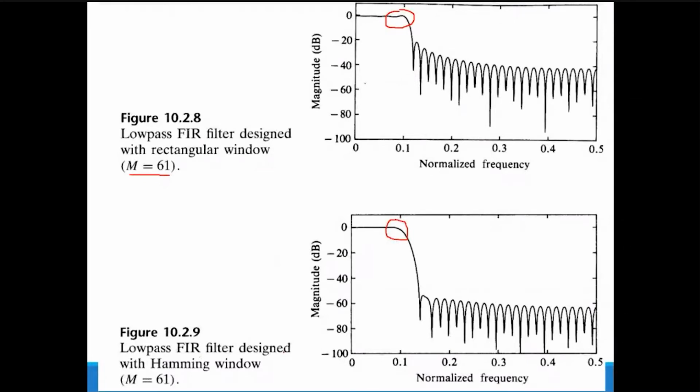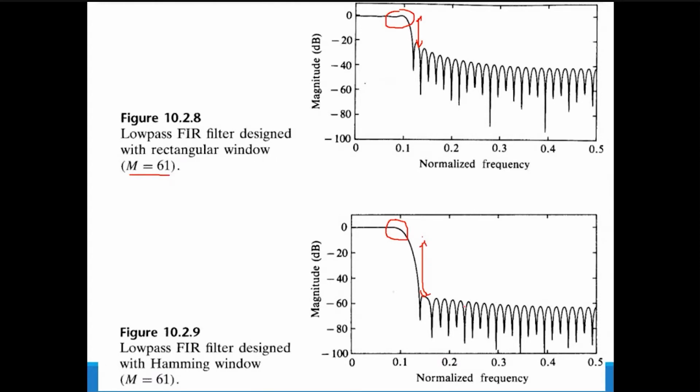Instead of the rectangular window, if you use the Hamming window, the transition from passband to stop band is not abrupt, so you are getting a smooth curve, or fewer ripples. Compared to this, here you can see the distance between the passband and stop band is very low. If I show you the width here and here, you can see this gap is larger due to the characteristic of that particular window.